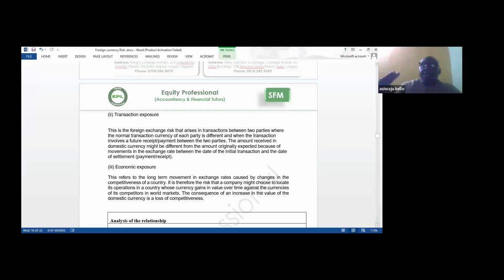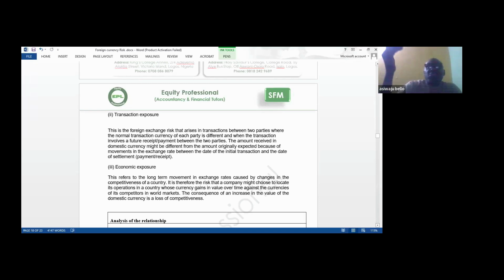That means the two parties, my company and the company in South Africa, our normal transaction currency is not the same. My currency is in Naira. My supplier in South Africa currency is in Rand. And the transaction involves a future payment or future receipts.